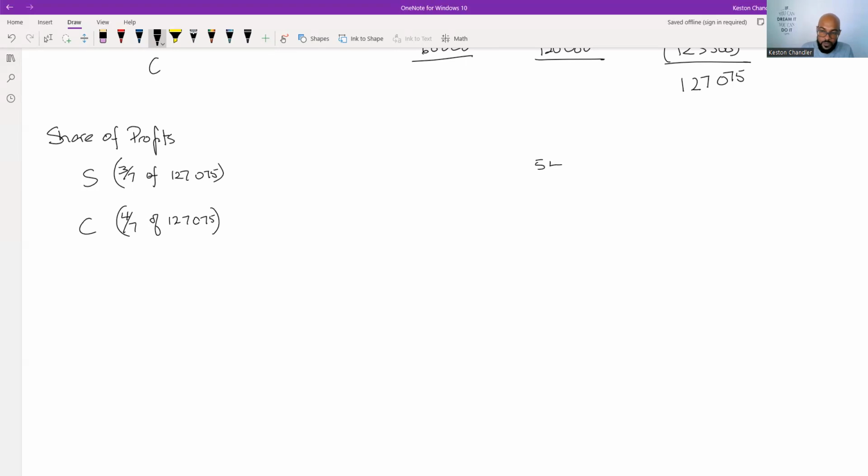I got a little decimal, but that's okay because I had to add them back together anyway.